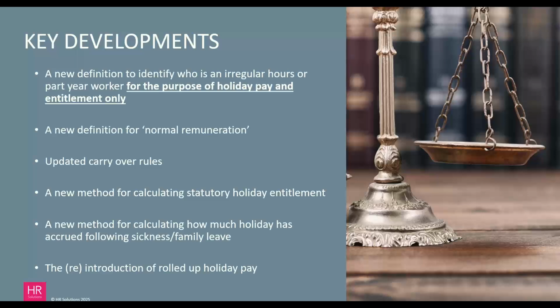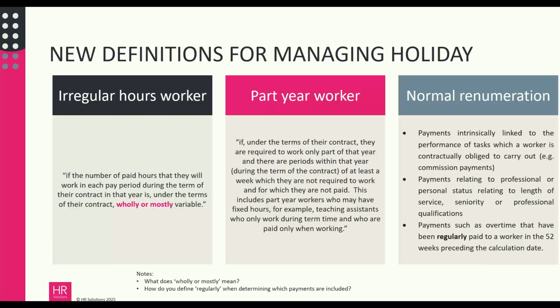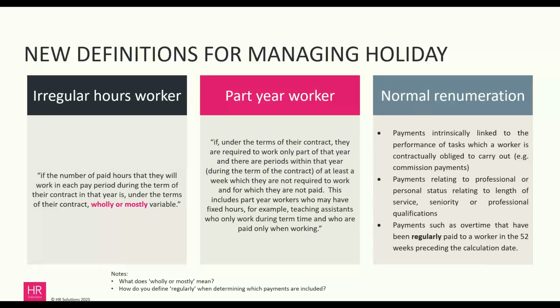So the first area to start is really understanding the definitions, and this is defined in the legislation. To be an irregular hours worker, they define it as being if the number of paid hours that they will work in each pay period during the term of their contract in that year is, under the terms of their contract, wholly or mostly variable. Now just make a note of those words, wholly or mostly.